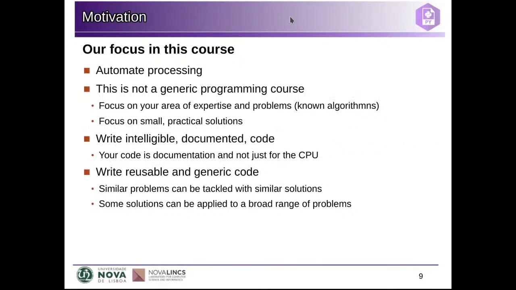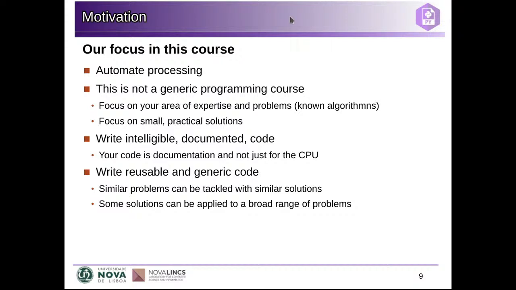So basically, we want to automate processing, but this is not a generic programming course. There are several things in programming and software engineering and analysis of requirements and so on that we are simply going to ignore because we are going to assume that what you want to do is to use programming to solve some problem that you already know how it can be solved.